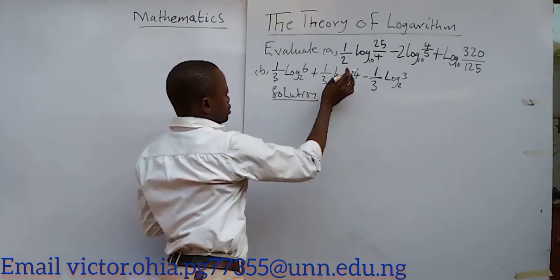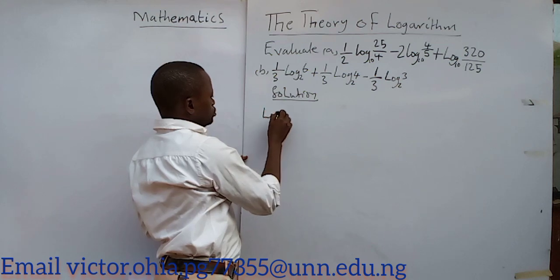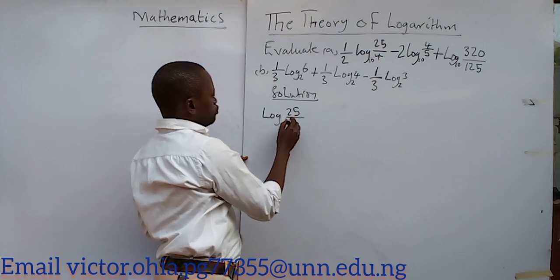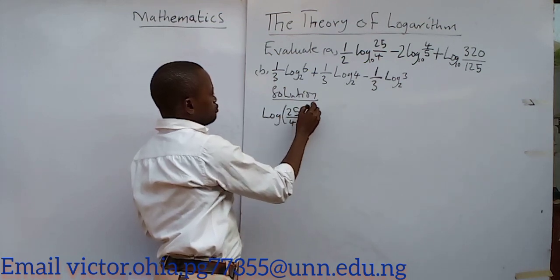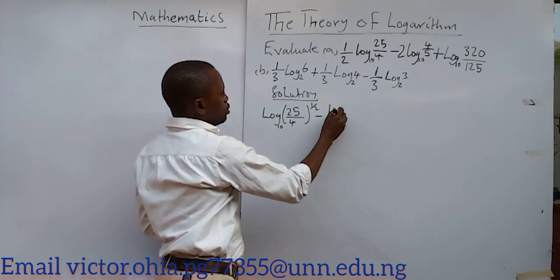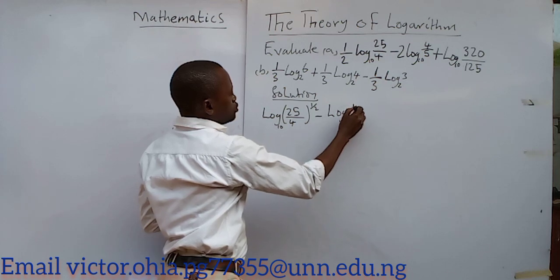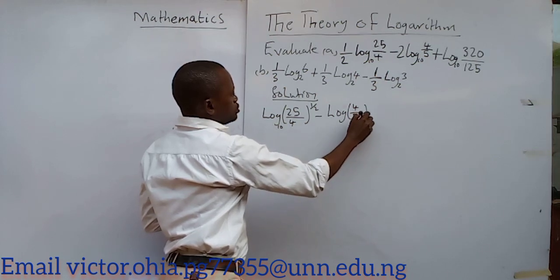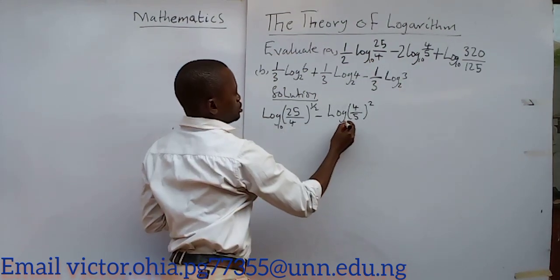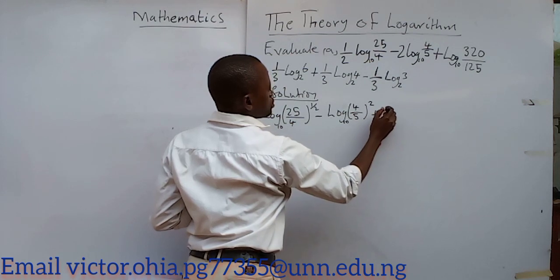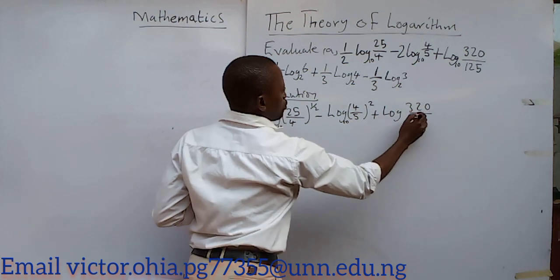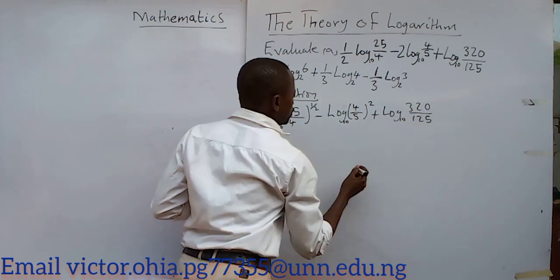So I will write this as log of 25 over 4 raised to power half in base 10, minus log of 4 over 5 raised to power 2, base 10, plus log 320 over 125 in base 10.